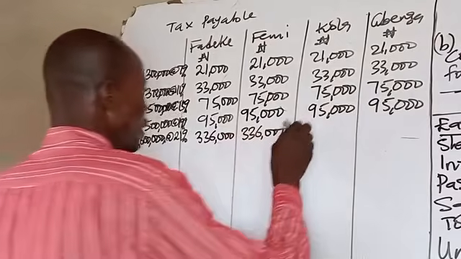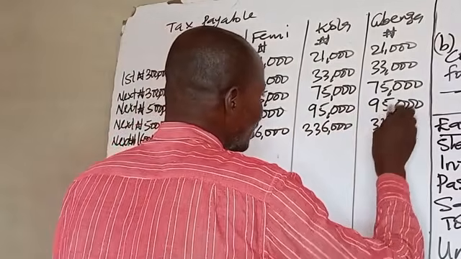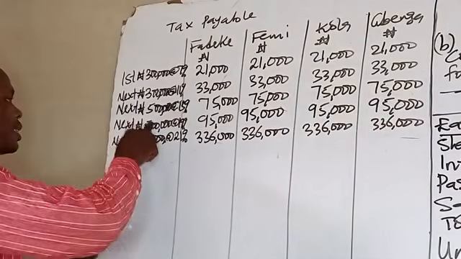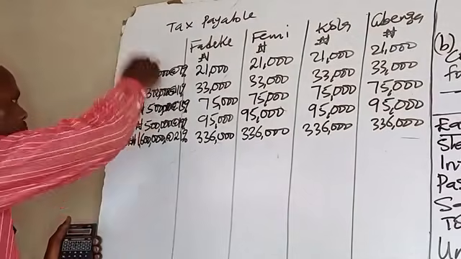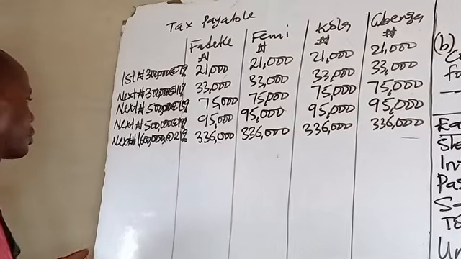If you add this plus this plus this plus this plus this, that is 3.2 million.